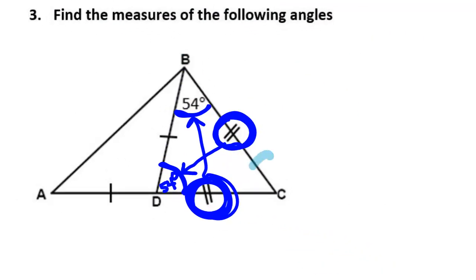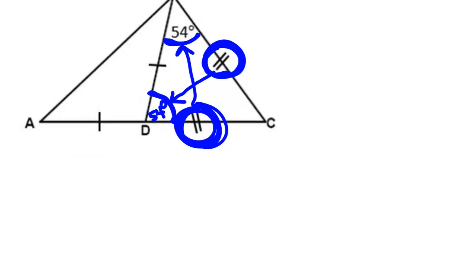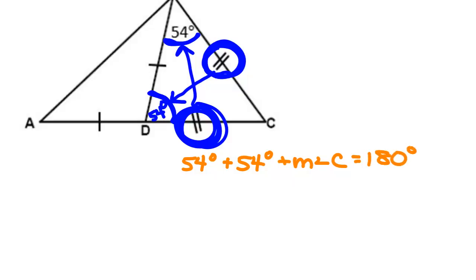Do I have enough information now to find angle C? Yes. What could I do to find angle C? We're going to do 54 degrees plus 54 degrees plus the measurement of angle C. Set that equal to 180.